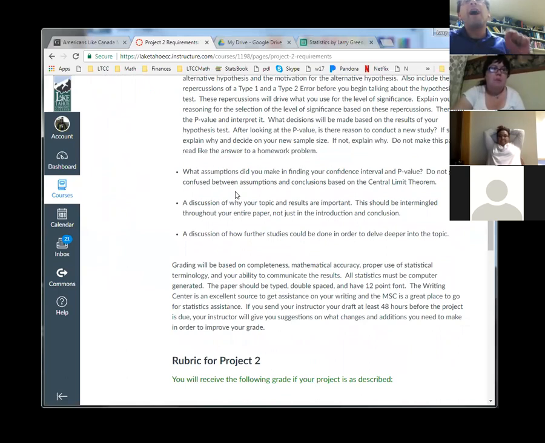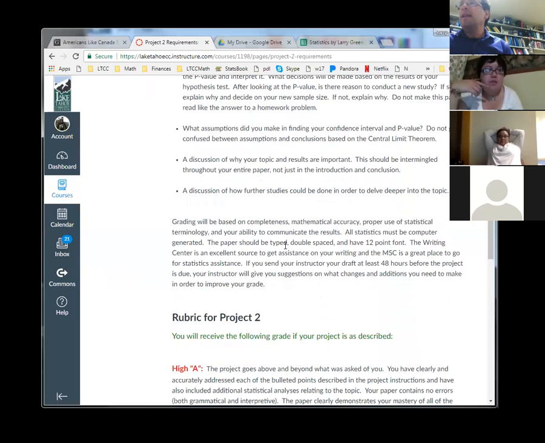The conclusion should be the highlights of the results of the data, the highlights of the hypothesis testing, the reject or fail to reject, and the confidence interval, what it tells you. Your conclusion should specifically talk about those numbers. Does that make sense? Any questions about Project 2?